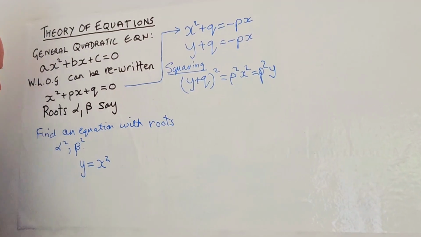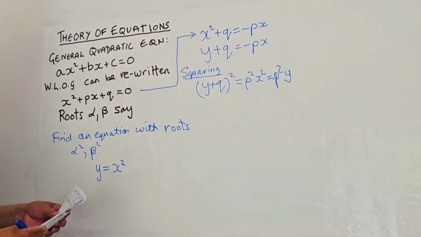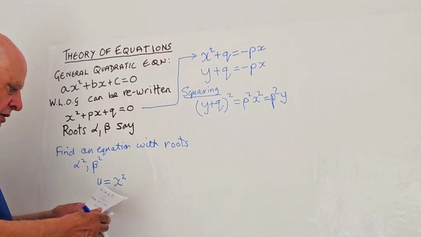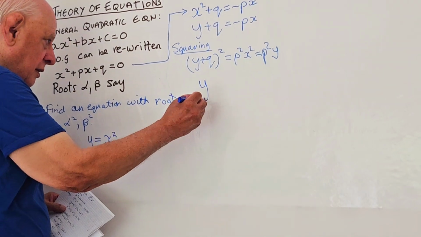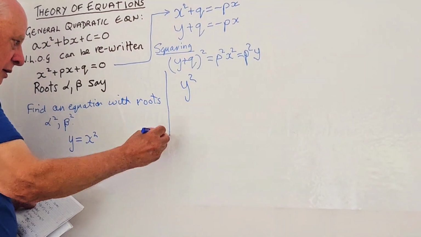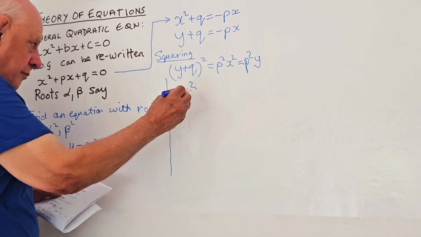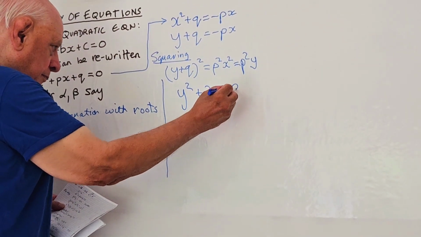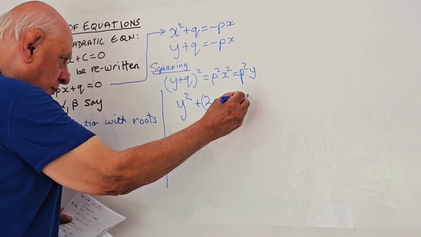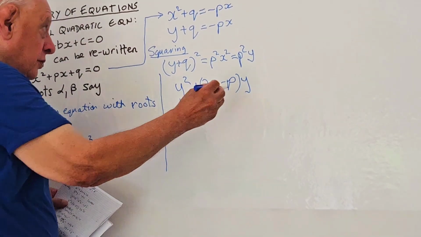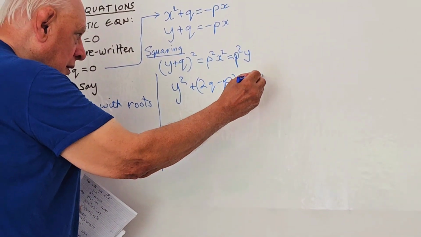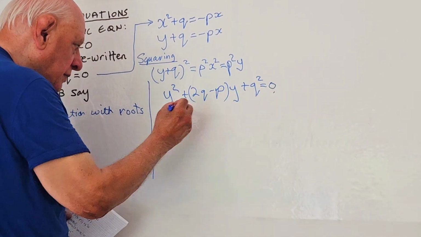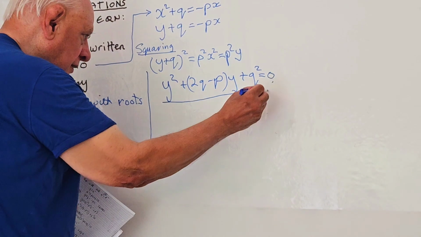That essentially does it, but we can multiply that out, and I won't go through all the details, it's quite easy for you to do. That'll come down to y squared plus 2q minus p squared times y plus q squared is 0. That finishes off that little bit.